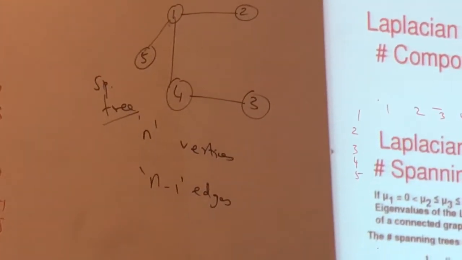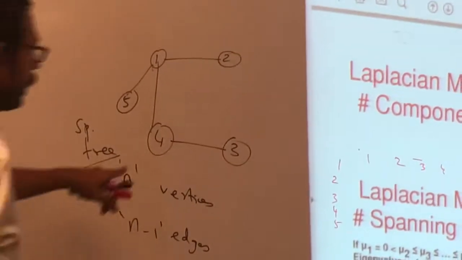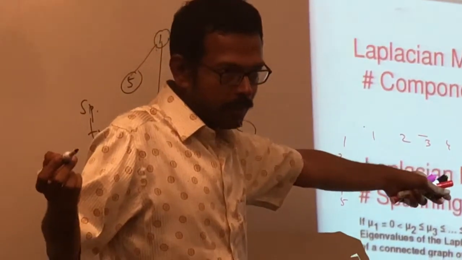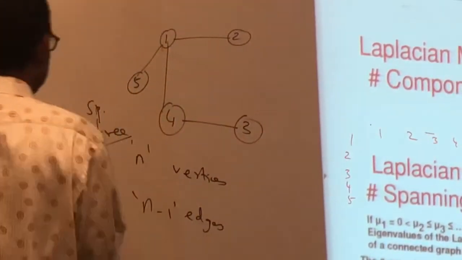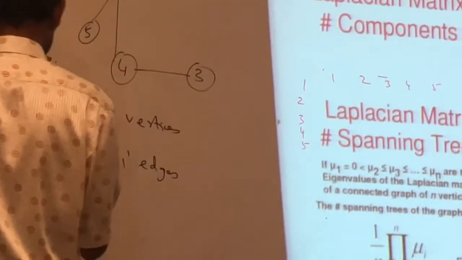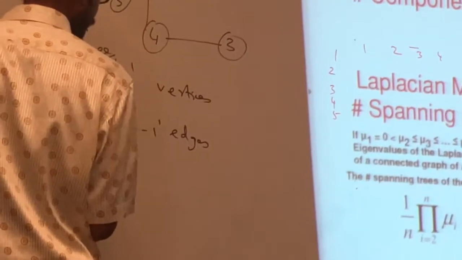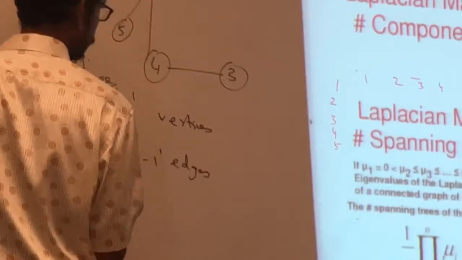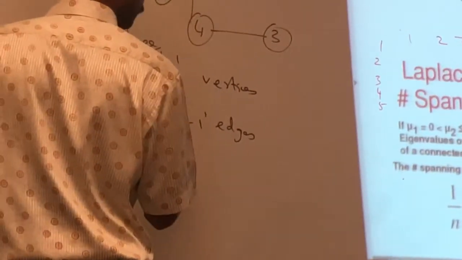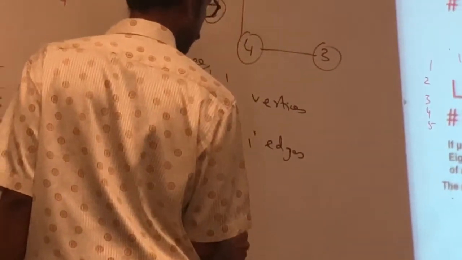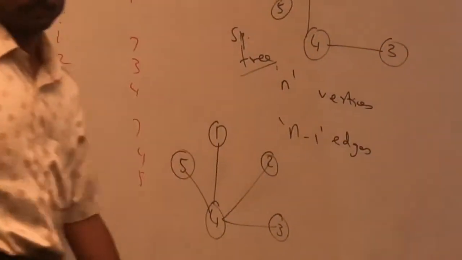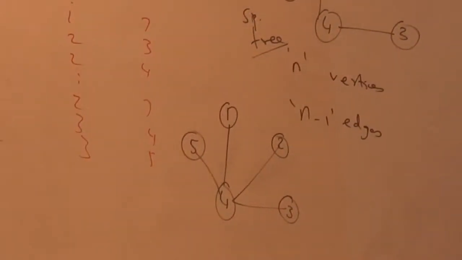Okay? So, is this the only spanning tree possible for the graph? Any other spanning tree? This is also a spanning tree, right?